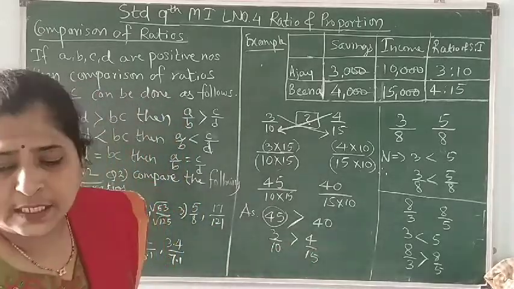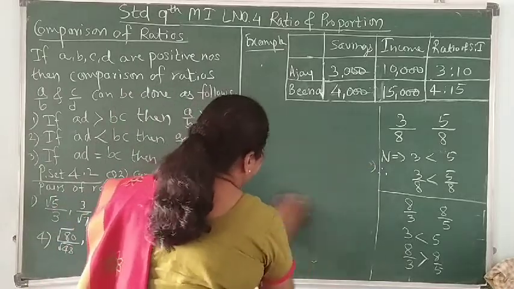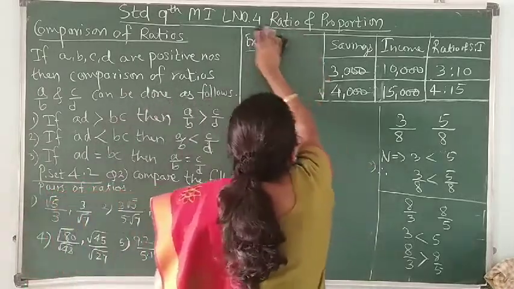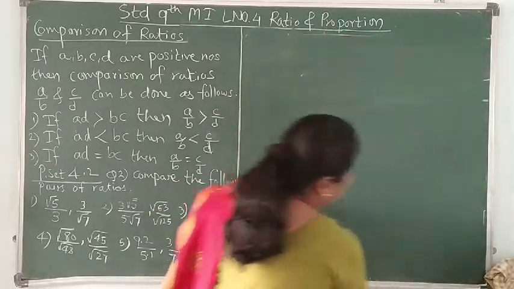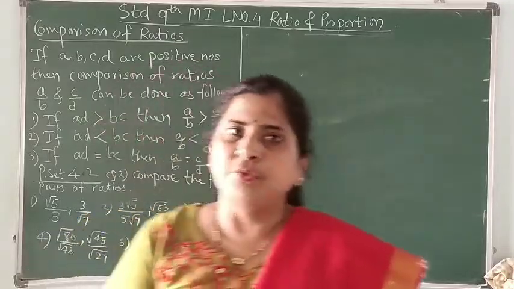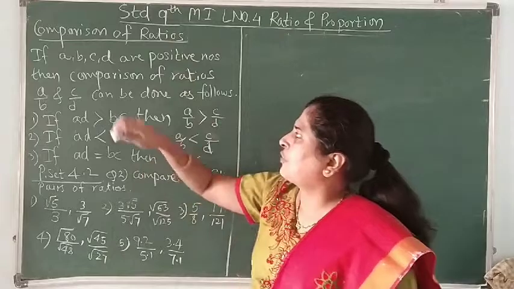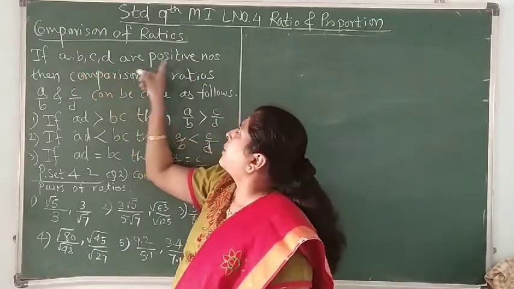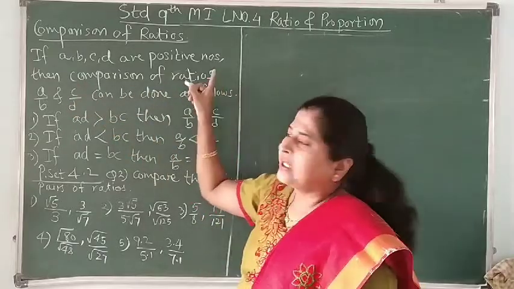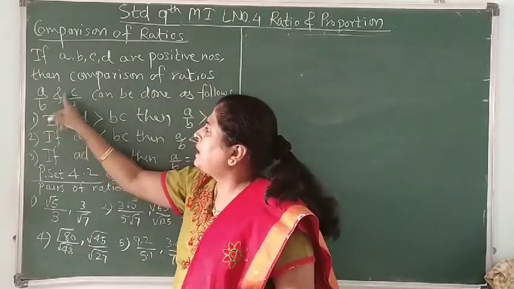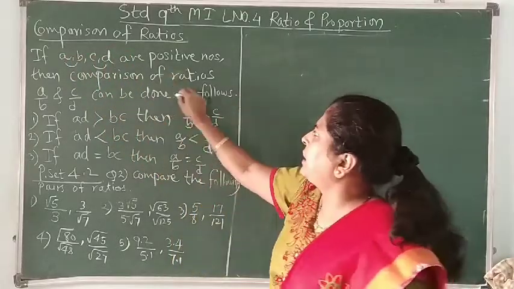Let's see this in terms of A, B, C, D, which is useful for any numbers. Generally, when we take a ratio, we take the ratio of positive numbers. So as a rule, for comparison of ratios, if A, B, C, D are positive numbers, then to compare the ratios A upon B and C upon D, we do as follows.